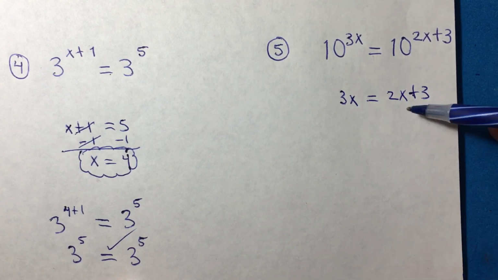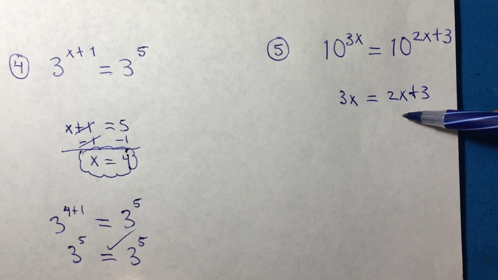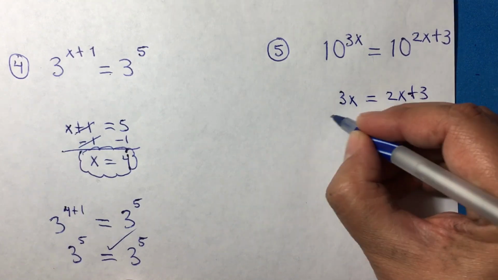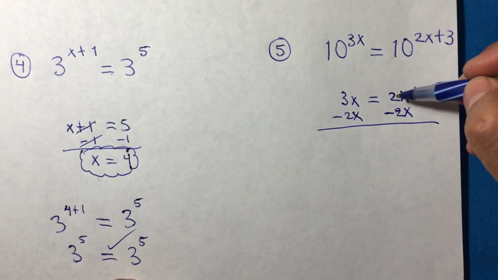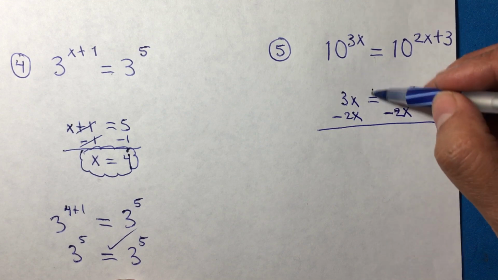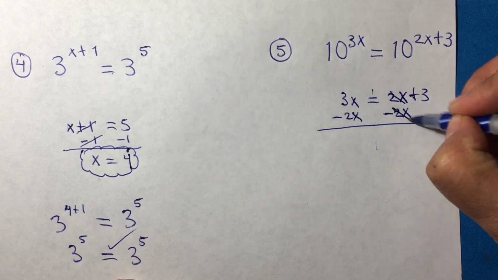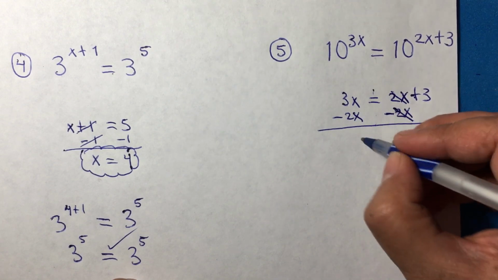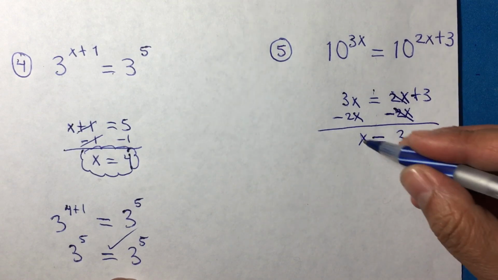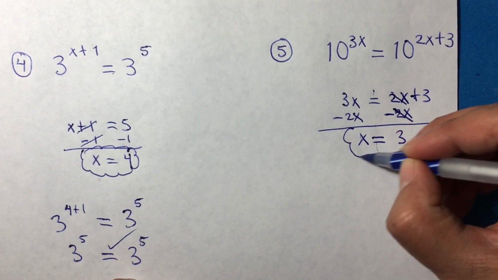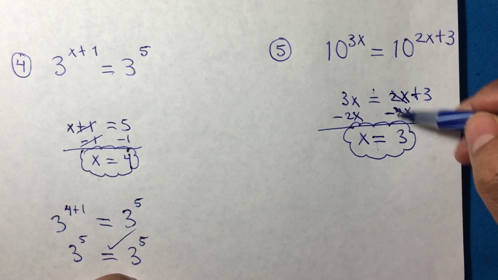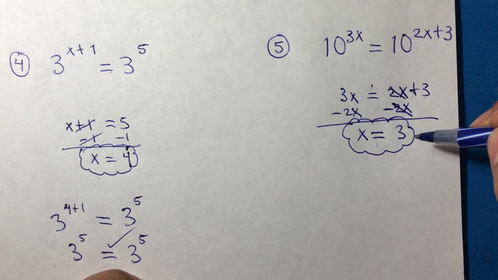If you're not sure, I recommend that you cancel the one on the right, but remember that sometimes that's not the best option. But in here, we're going to subtract 2x because we cannot have x on both sides of the equal sign. 3x minus 2x is x. Bring down the equal. Bring down the 3, and you don't have anything else to do, so the value of x is 3. Now we're going to substitute just to check, but this is what we are looking for, okay?